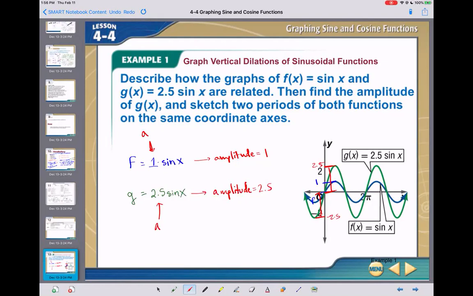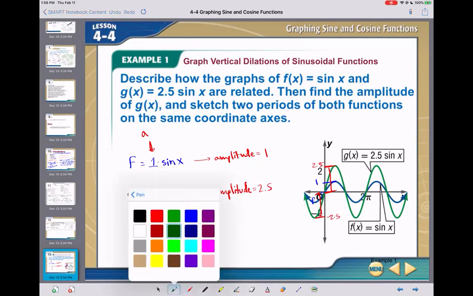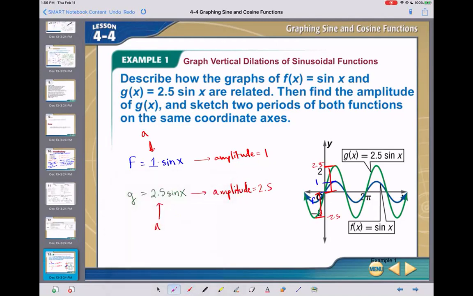It says sketch 2 periods. What makes this 2 periods is that a period is calculated when you start here at the midline, go up to one maximum, back to the midline, do a minimum, back to the midline. That would be a period. So from here to there is 1 period.